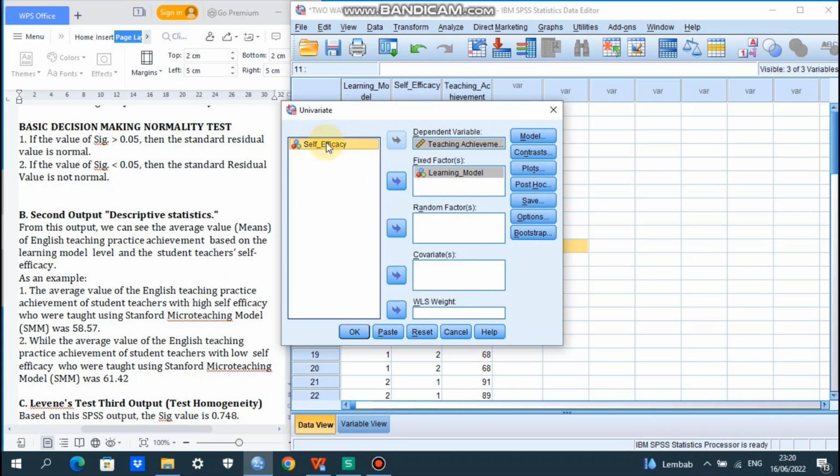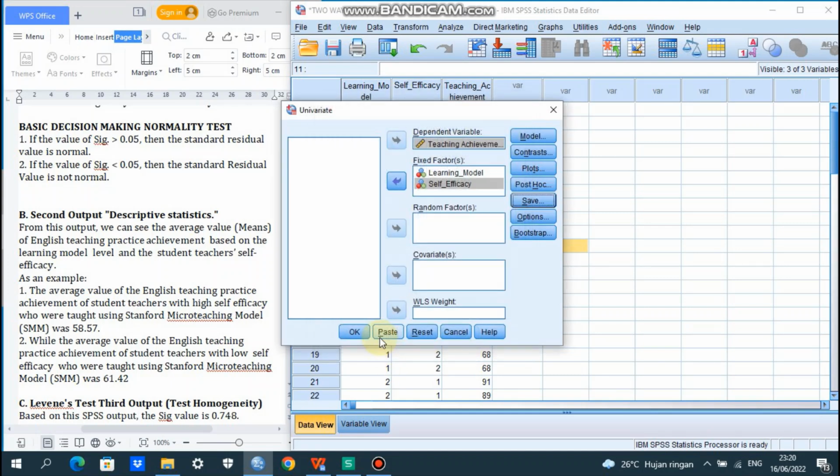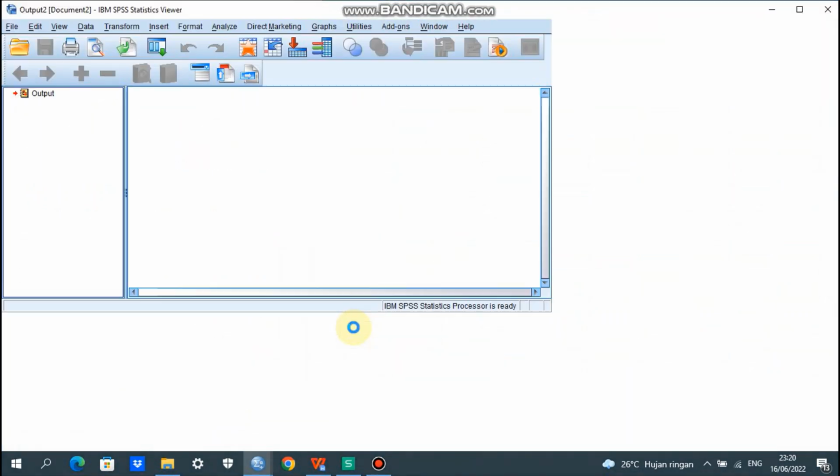And then the last, self-efficacy on the dialog box on the left, send it to the dialog box on the right. Okay. And then click save. You click residuals here and you click standardized. And then you click continue and then you click OK.